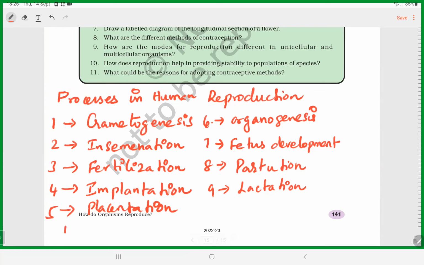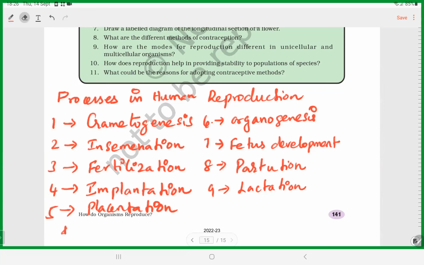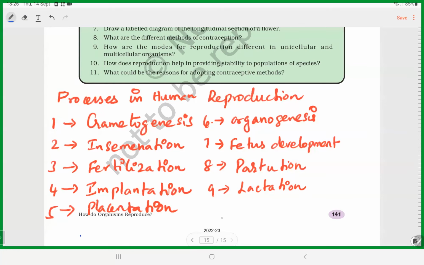Listen, weeks 1 to 12, embryogenesis, the first trimester.